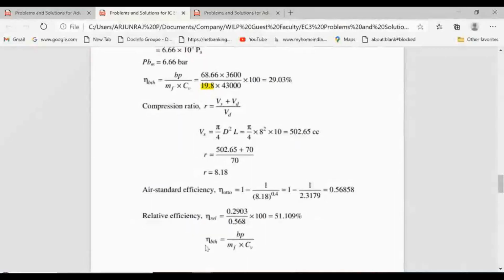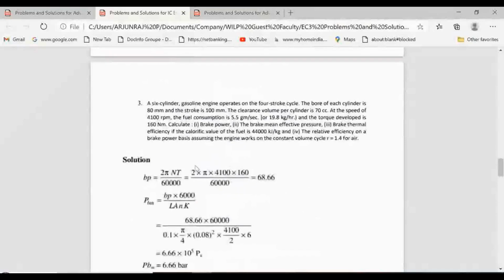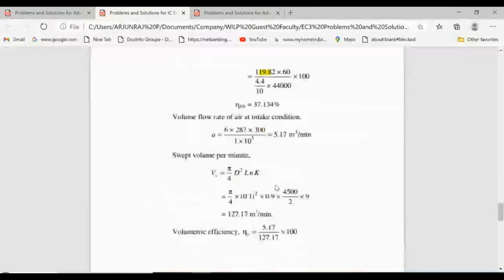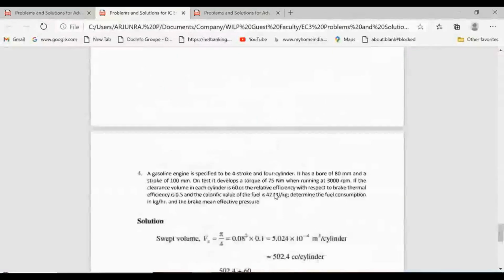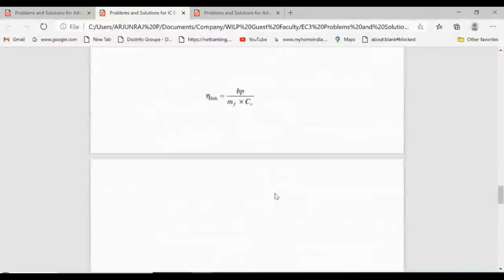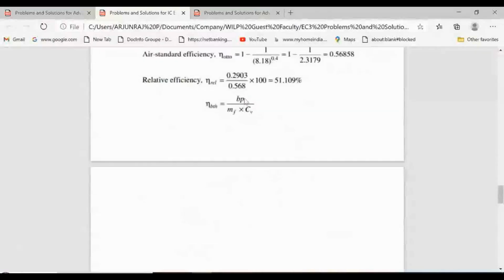Now, when you're going for the brake thermal efficiency of the engine, for the final calculation, it is nothing but brake power. You know the brake power value, mass flow rate of fuel, and also the calorific value of fuel.